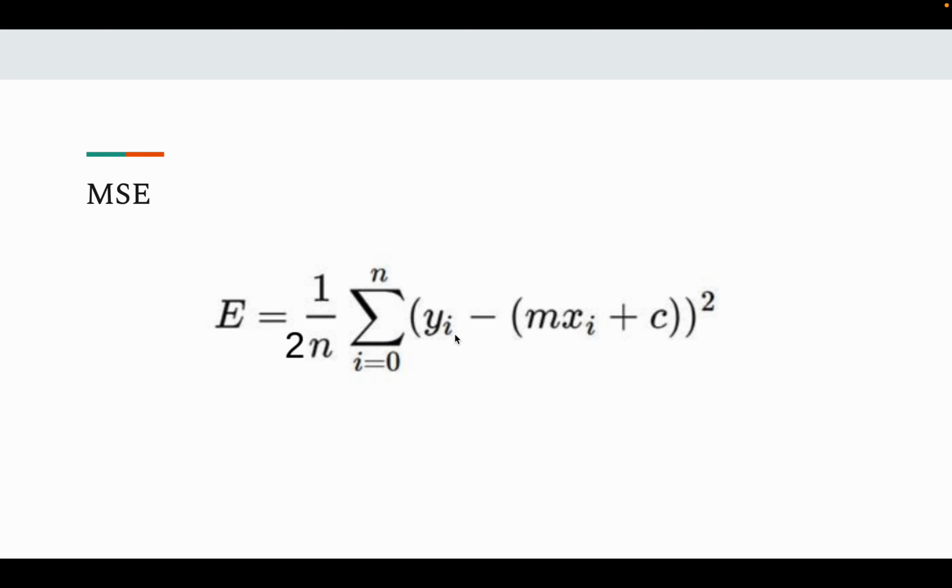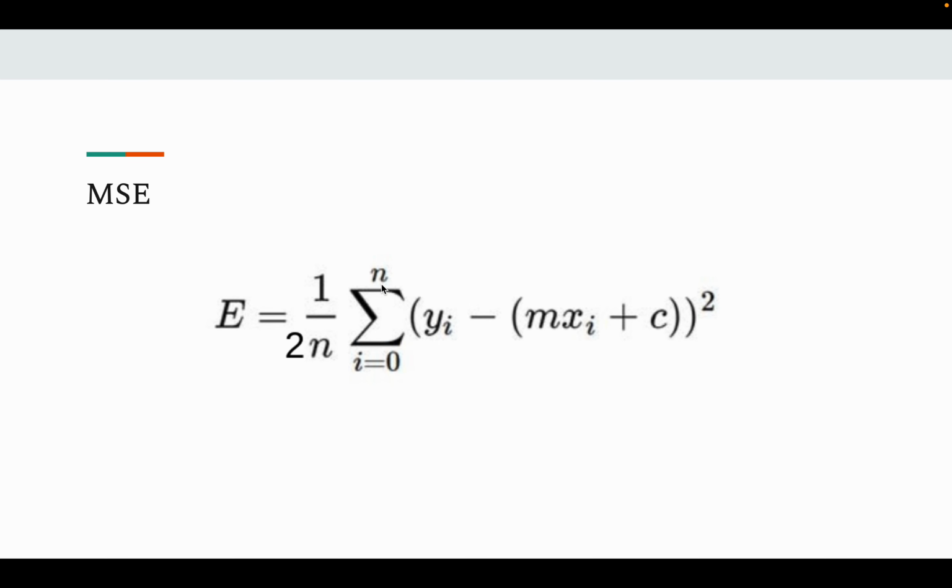And m xi plus c is the predicted value. So yi minus the predicted value is the error, and we are squaring that error. We take this calculation for each record, i equal to 0 to n.